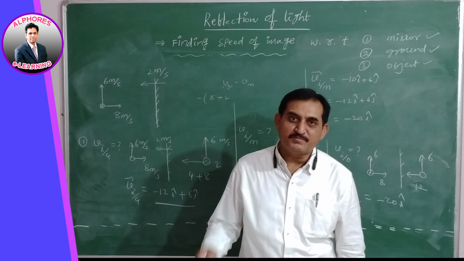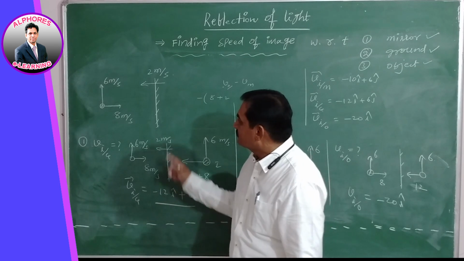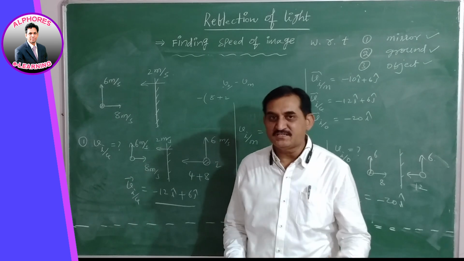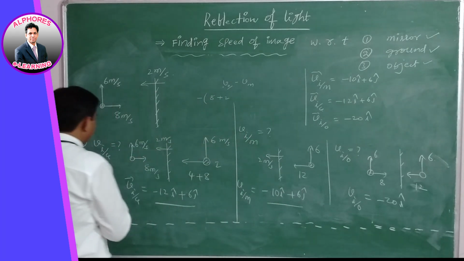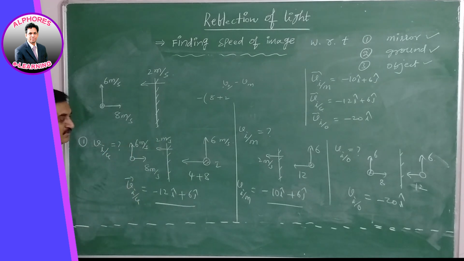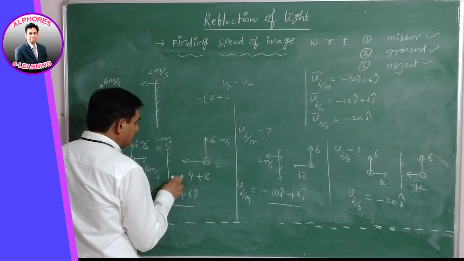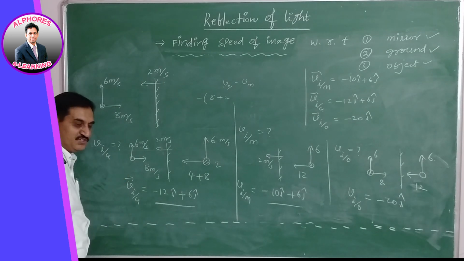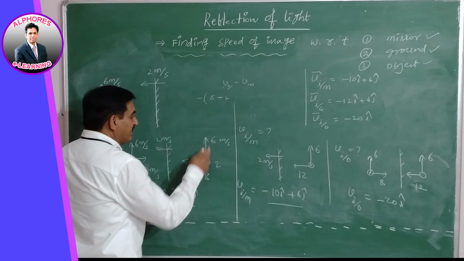Again I emphasize the same point: while solving the problem, we should start with the speed of image with respect to ground, because of the basic concept. Here the mirror is moving with a speed of 2 meters per second, and the corresponding image moves with double the speed of the mirror. For certain time, the object is kept stationary. So we should get 8 plus 4, 12, and this is 6.